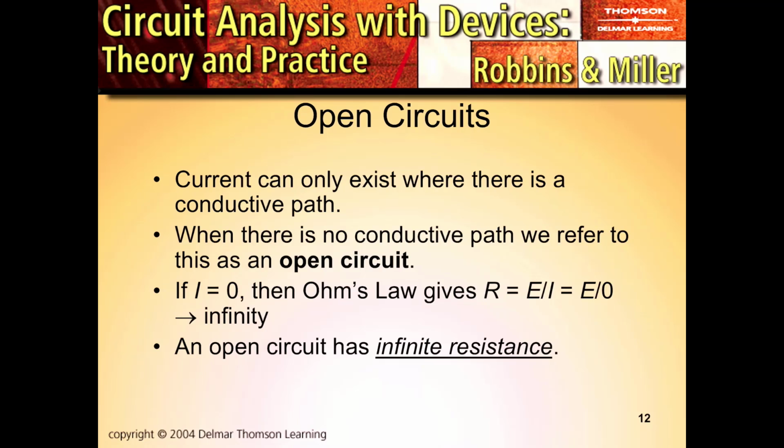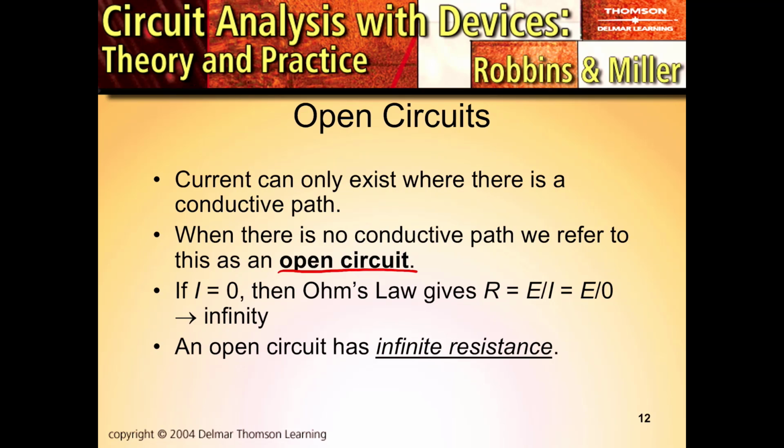When we look at a switch that is closed, it's corresponding to a short circuit. It allows maximum current flow, and it delivers or enables the load by allowing flow to do work at the load. So current can only exist when there is a conductive path, or a path for current to flow. When there is no conductive path, we refer to that as an open, or an open circuit.